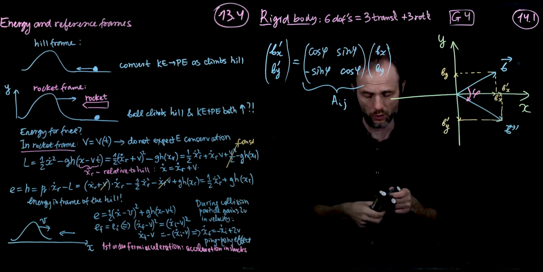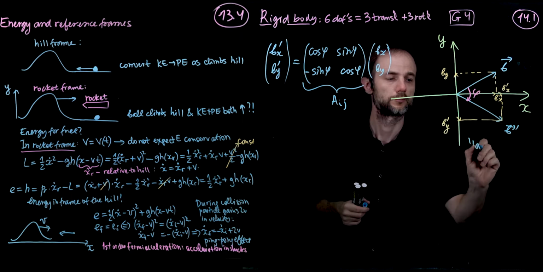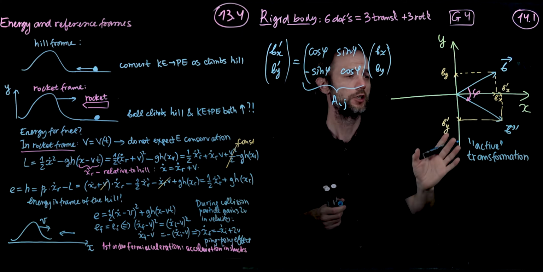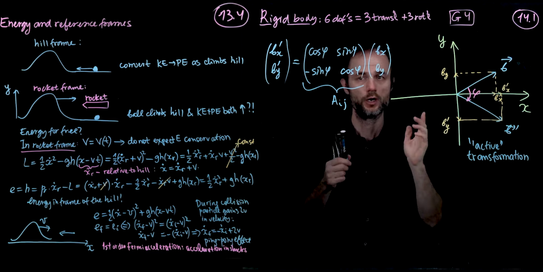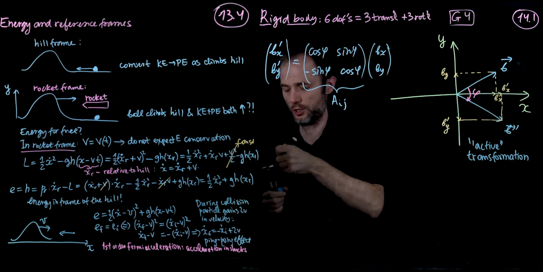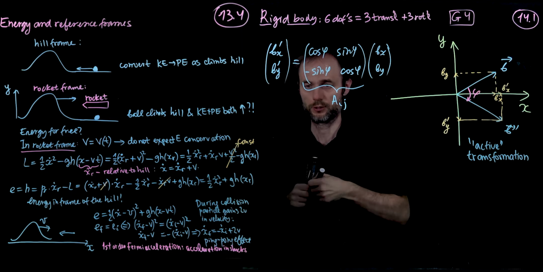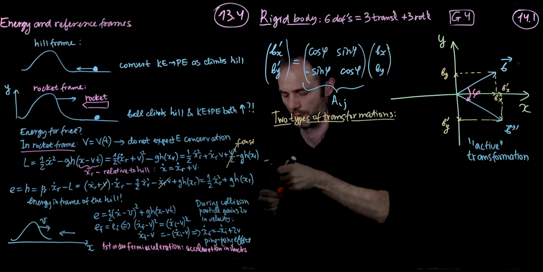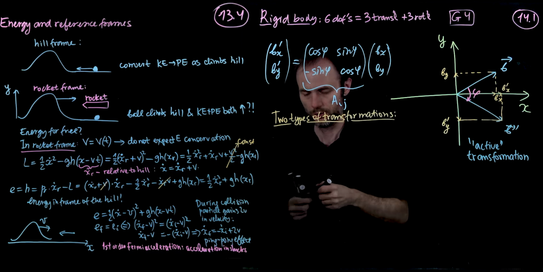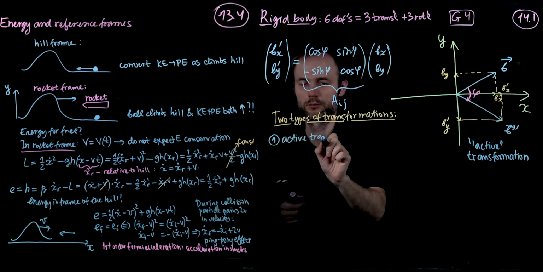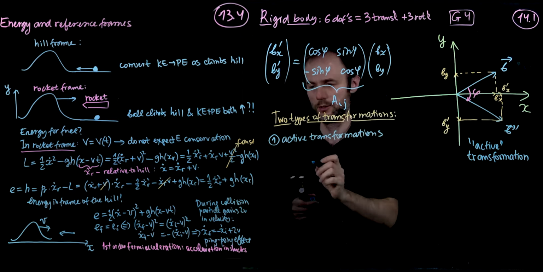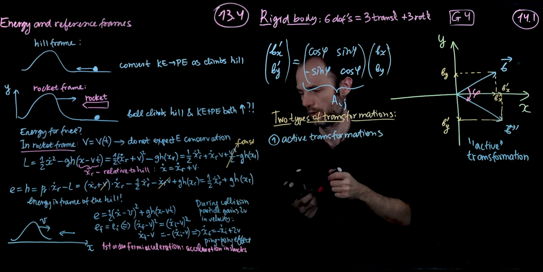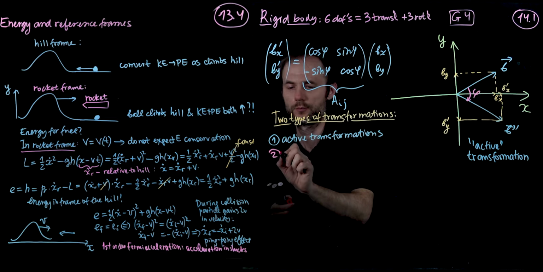This is called an active transformation. That's because we are actually doing something to the vector. We are rotating the vector. But there are in general 2 types of transformations. There is active transformations, just like this, and there are also passive transformations.